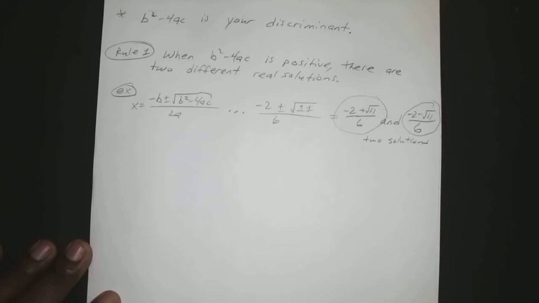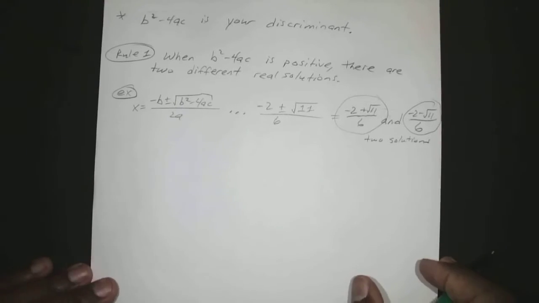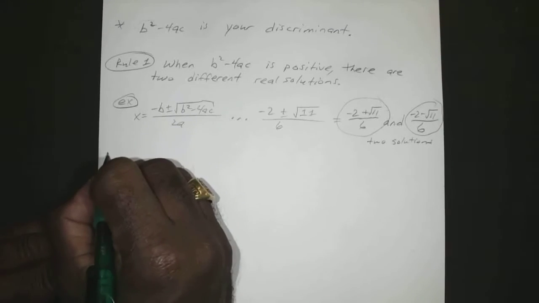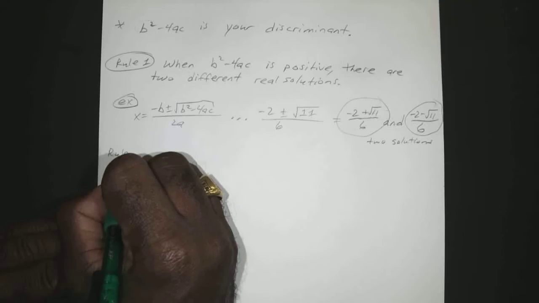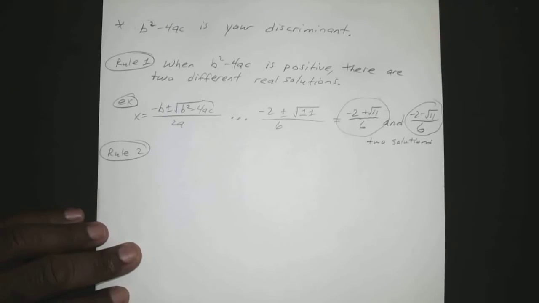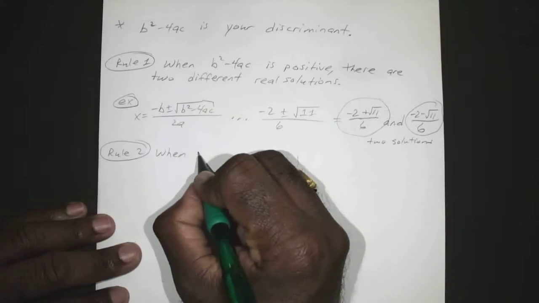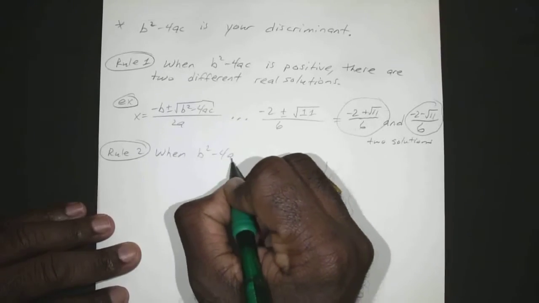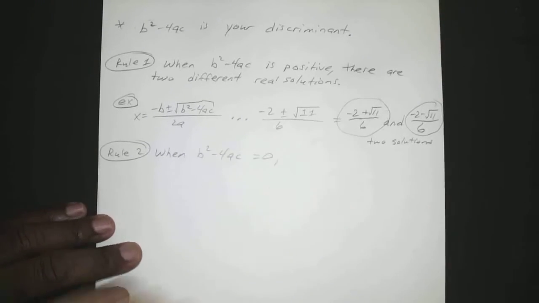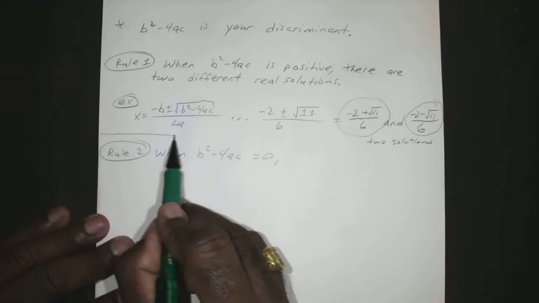Okay. Rule number 2, if that discriminant is equal to 0, then you're only going to have 1 solution. B squared minus 4ac equals 0. Let me kind of separate that a little bit.